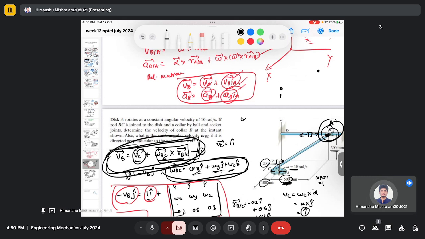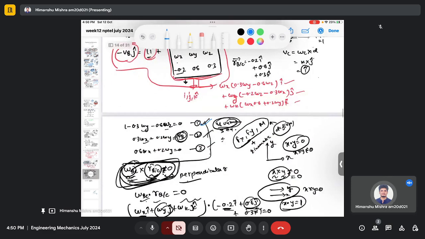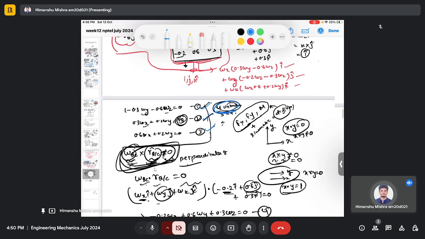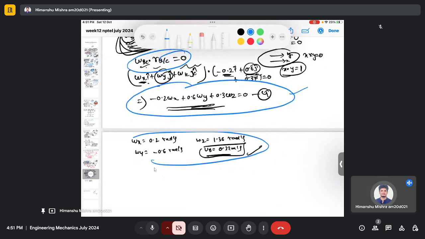We are given the velocity of point C here, and we need to find the velocity of point B. We found that we have unknown omega x, omega y, and omega z in this relative velocity equation. We wrote down these three equations, and we found there were four unknowns. So we need another equation, and we use the vector property here to get it. In the end we got four equations and four unknowns, which you can easily solve to get the required unknown quantities.